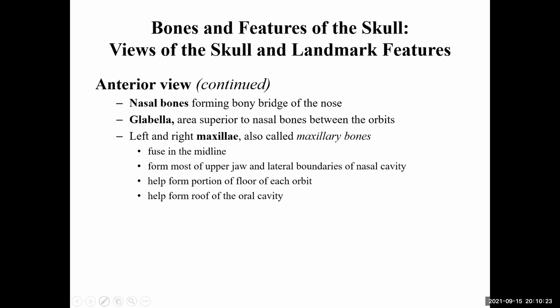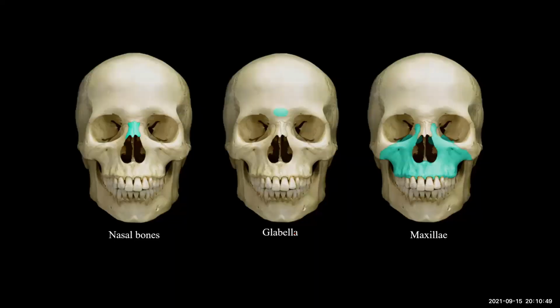But this makes up your upper jaw. It also forms the roof of your mouth, and part of the floor of the orbits. And you'll see when it curls up to form the floor of the orbits, it's going to form the lateral portion of your nasal cavity.